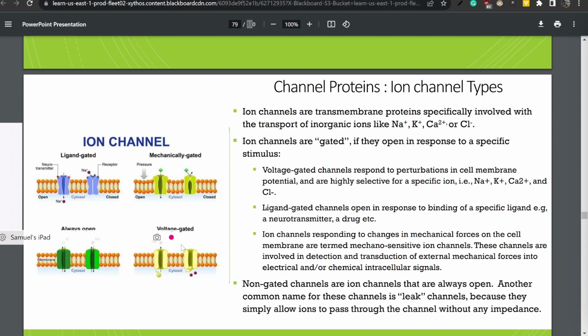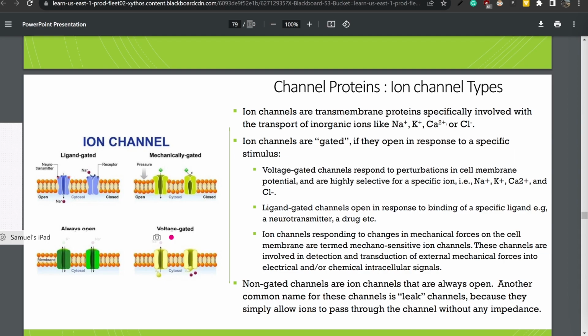And this is voltage gated, which is determined by the electrical gradient across the membrane, by charged things such as ions, positively or negatively charged, inside or outside. And mechanically gated with pressure, I see.